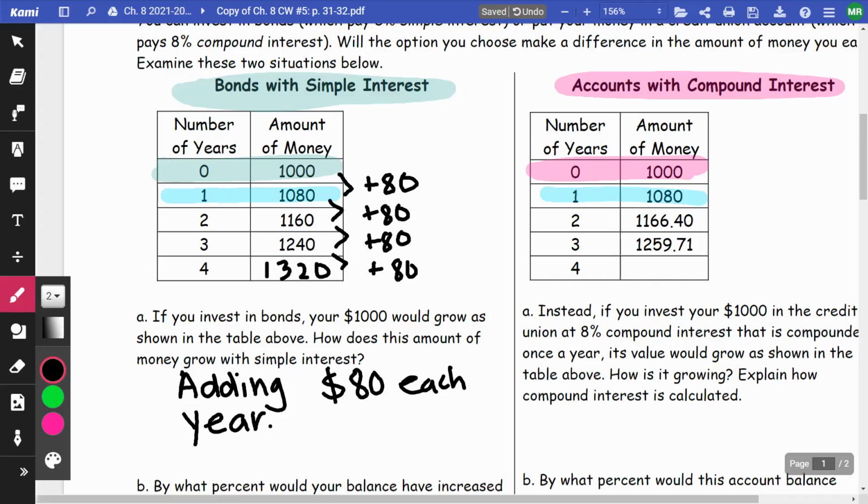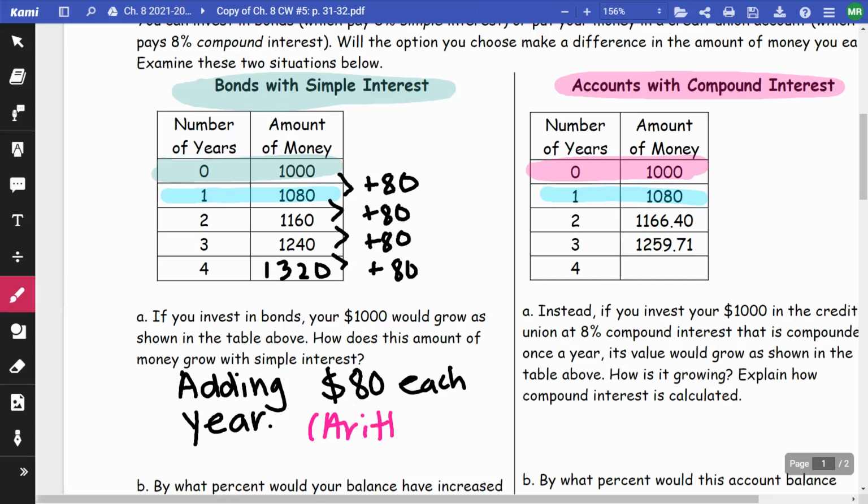So then for the next one, we need to figure out what we're doing in the next one. Now, I'm not adding 80 each time. Between the year 0 and 1, it was 80, but that's not what's happening. So I'm going to jot down a little note. This one here is arithmetic because we're adding the same thing over and over again. So I'm wondering if this one here might be geometric for the other one.